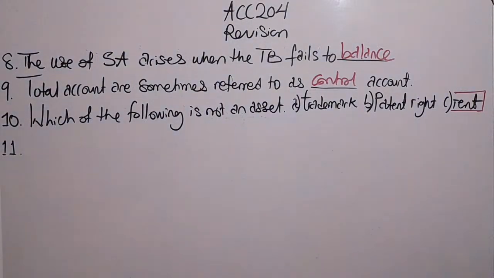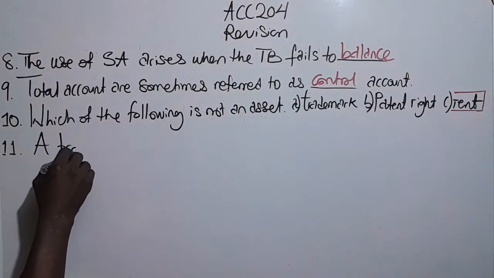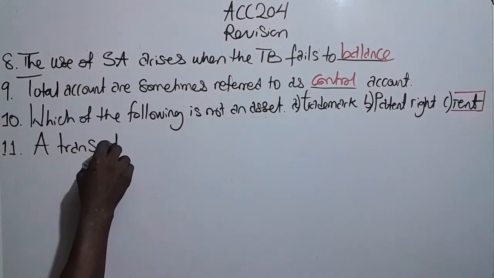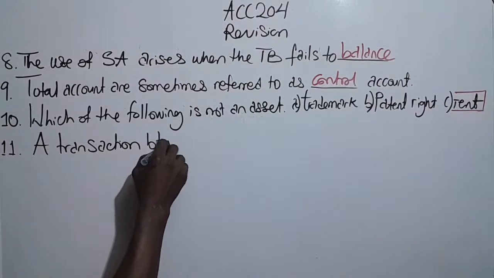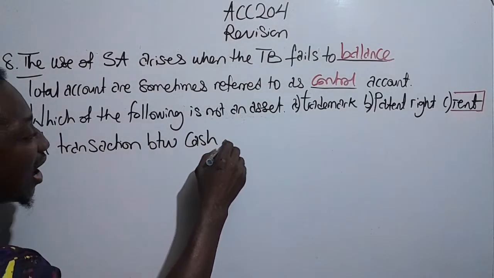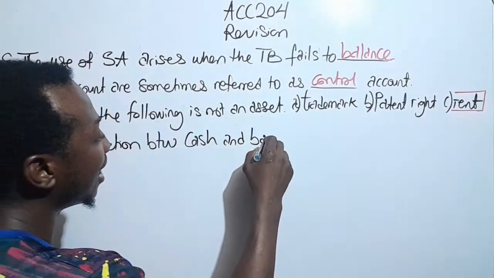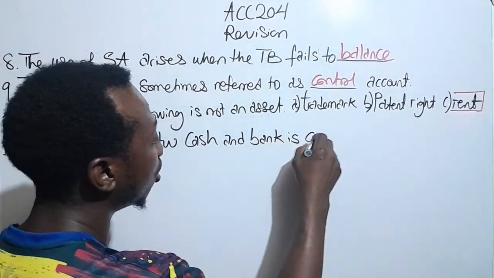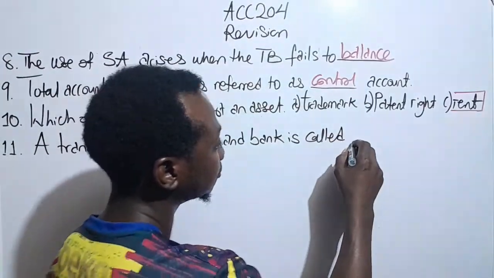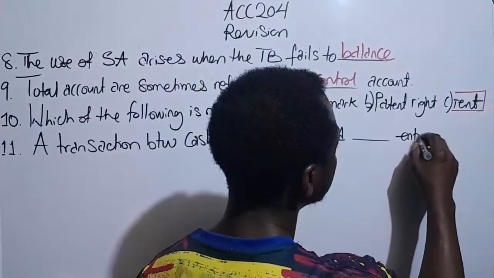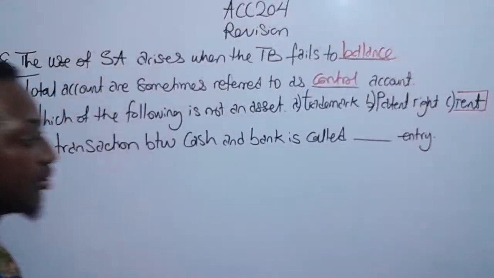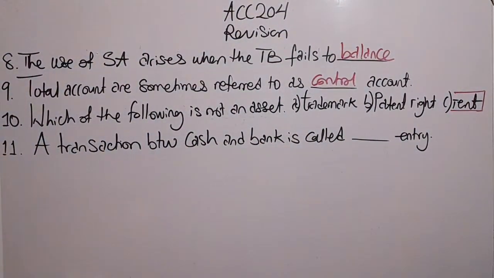It says here, a transaction between cash and bank is called dash entry.